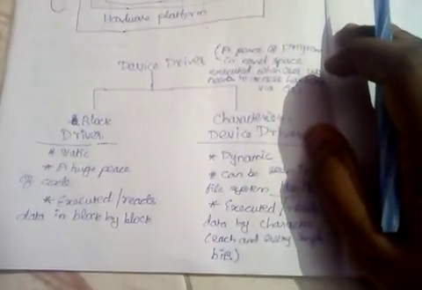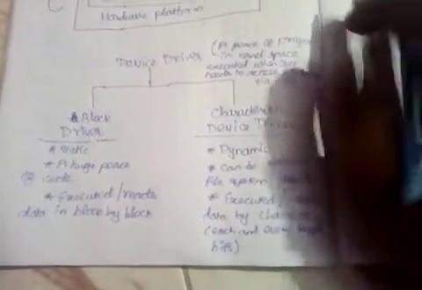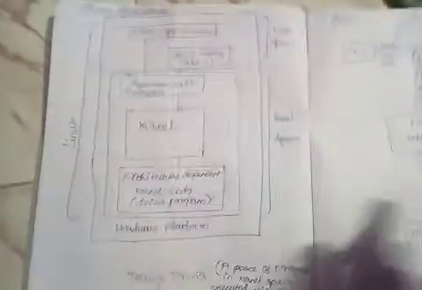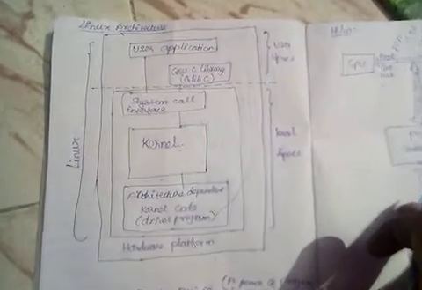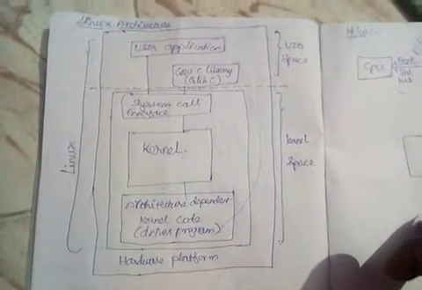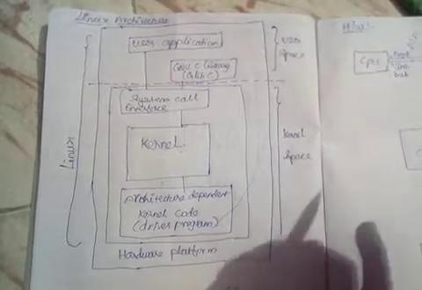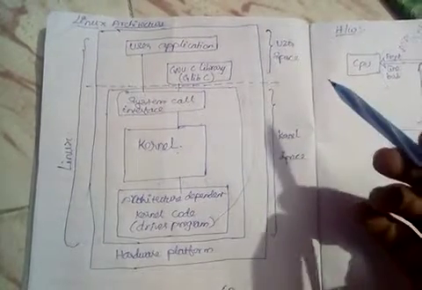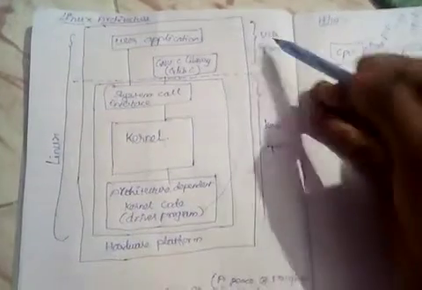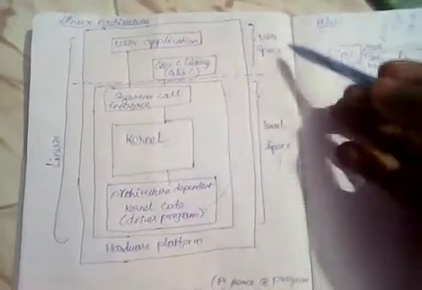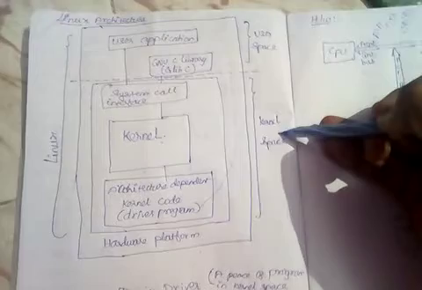I would like to show you the Linux architecture. It will be better for your understanding. This is your Linux architecture. This is a basic architecture; I'm not showing the deep architecture of it. A Linux OS basically has two spaces, user space and kernel space.